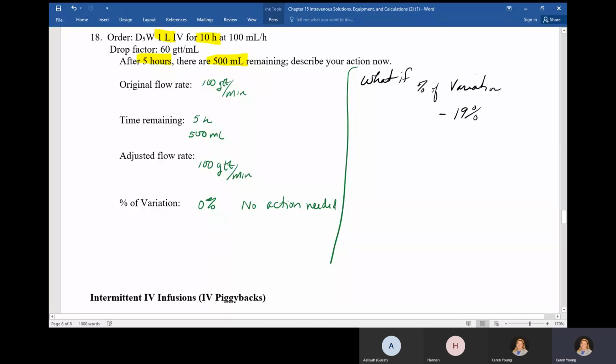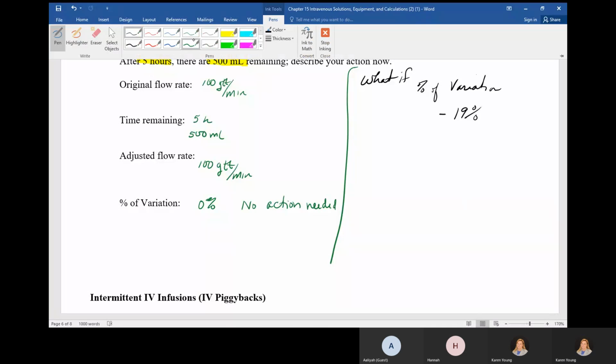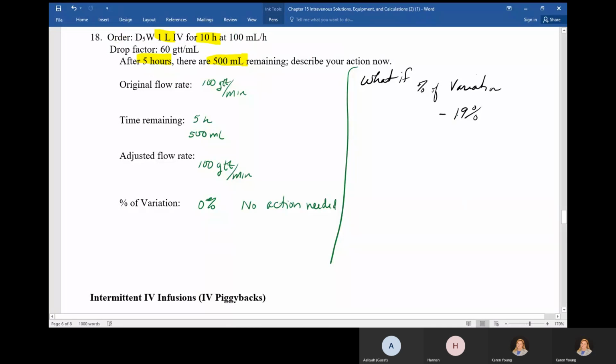But this negative just means that instead of adjusting it to a higher rate, I'm going to decrease it, because it's running too fast, so I've got to slow down my rate. Instead of running too slow, it's running too fast. So my 19% is still less than or equal to my 25%. So that would still work.